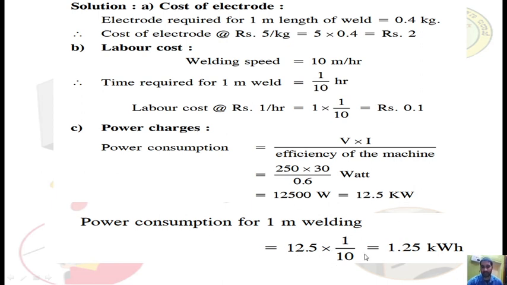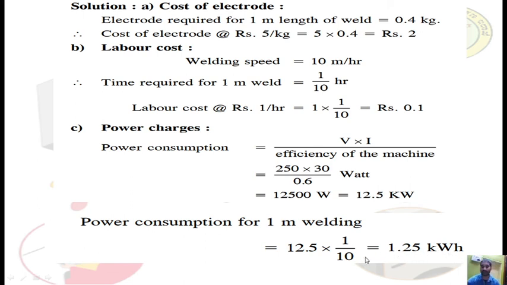How much hour we are welding? This is power in kilowatt, so we have to multiply by the hours. If you weld for 1 hour, then this power consumption will be 12.5 kilowatt hour. But we are not welding for 1 hour, we are welding for 1 by 10 hours. So if you multiply this, this will become 1.25 kilowatt hour power consumption.